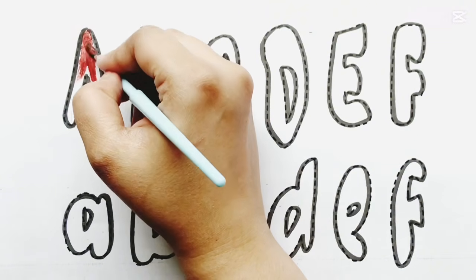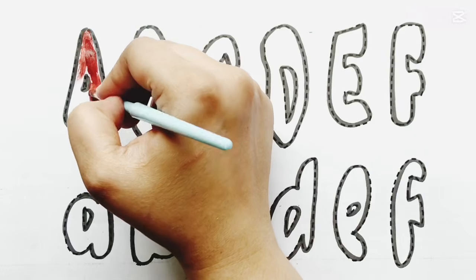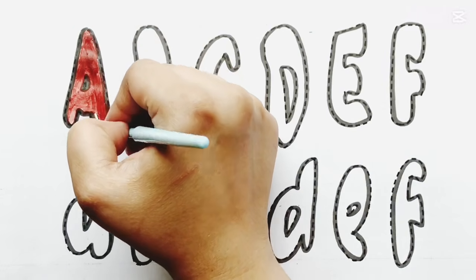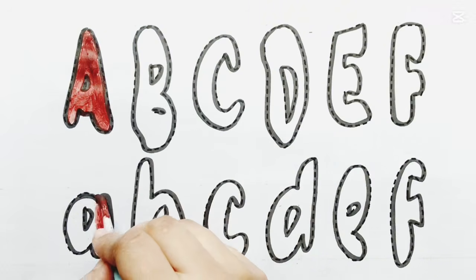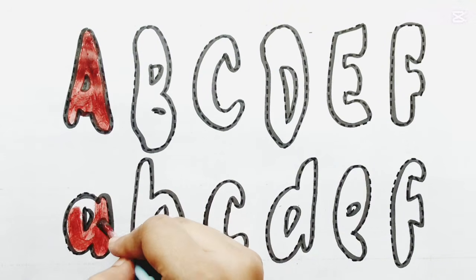Let's paint. Brown color. A for airplane. Small letter A for aunt.